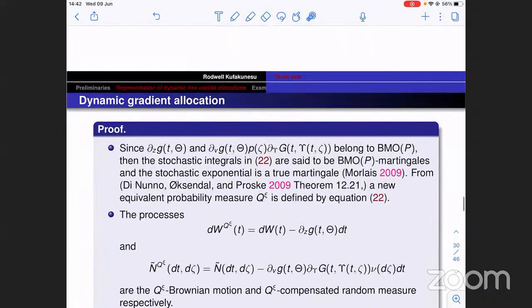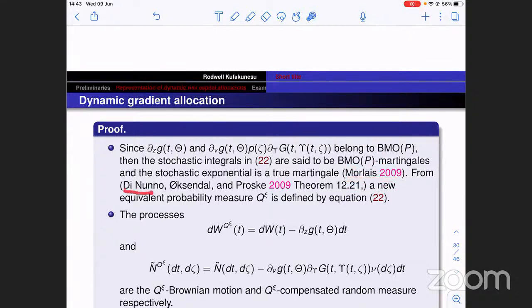But there's a sketch here of the proof. What you notice is that these are BMOs. That's where we needed it to control them. Then the stochastic integral shown earlier on in 22 are said to be BMO martingales, and the stochastic exponential is a true martingale, a result found in Morlais 2009.